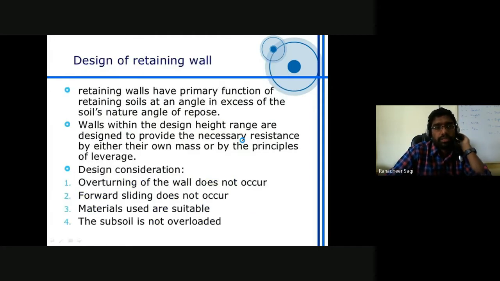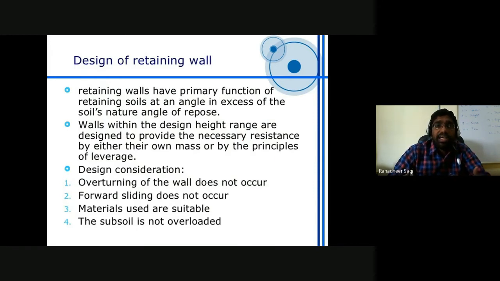retaining structure. So when you are talking about the design of a retaining wall, first we should understand what are the basic primary functions that the retaining wall is supposed to be satisfying. And once we know the purpose or the basic functionalities that the retaining wall has to satisfy, then what are the factors that are to be taken into consideration?